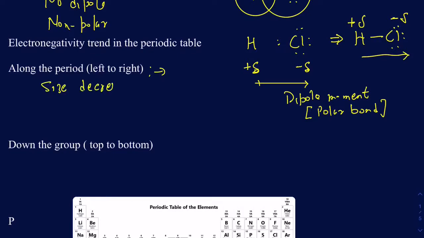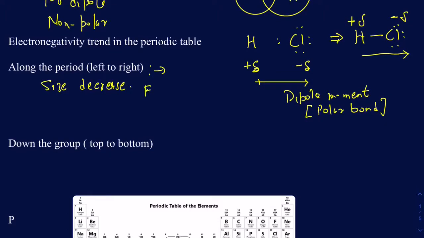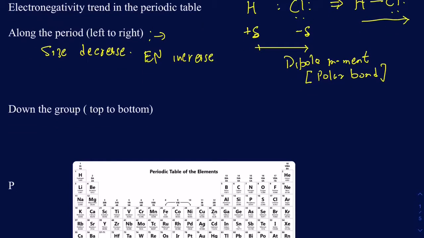If the size decreases, then the shared electrons are going to be closer to the nucleus, so there is a stronger pull for those electrons. As a result, your electronegativity is going to increase. So you can say when we go from left to right, your EN is going to increase.